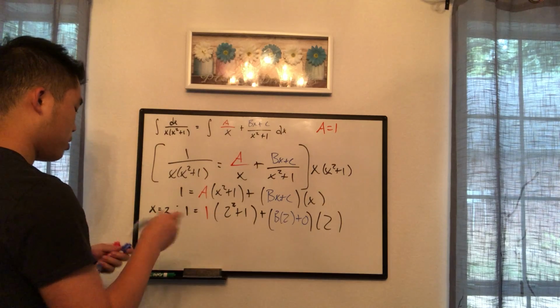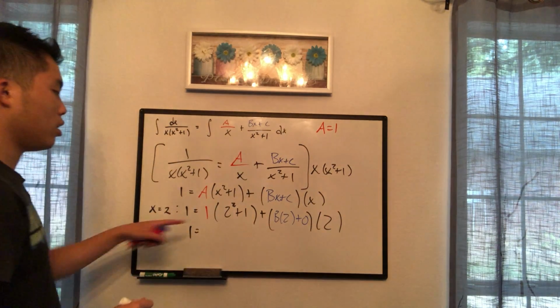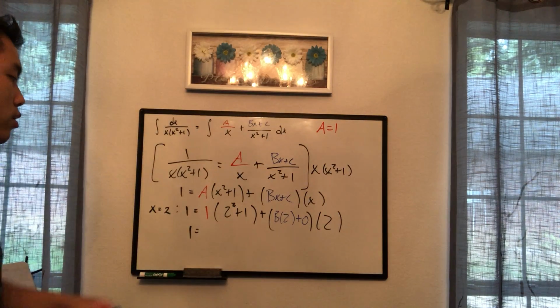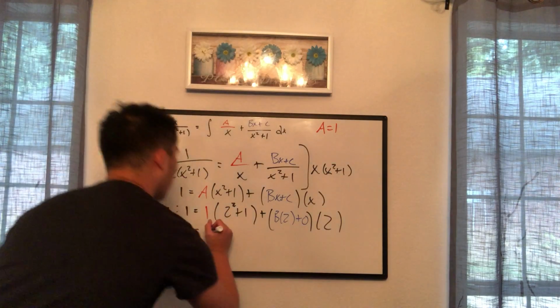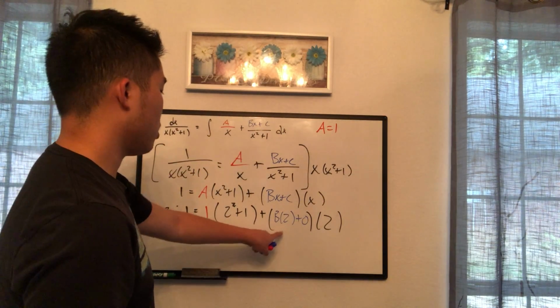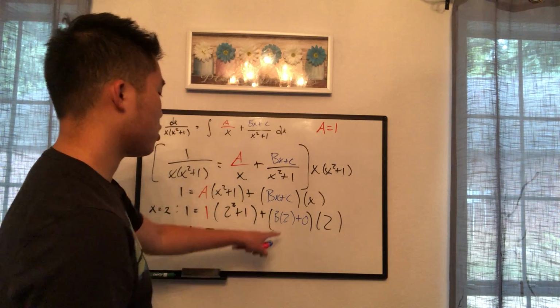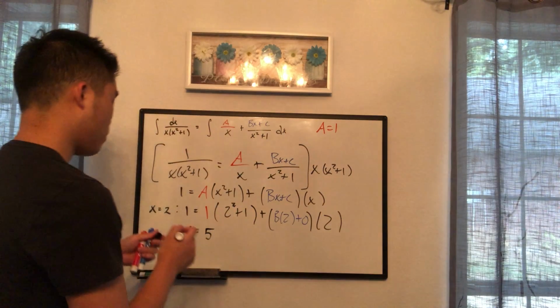And simplifying it, we get 1 equals 2 squared plus 1, so 2 squared is 4, plus 1 is 5, 5 times 1 is still 5. So you have 2B, 2 times B is 2B, plus 0 is still 2B, and then times 2, 4B.